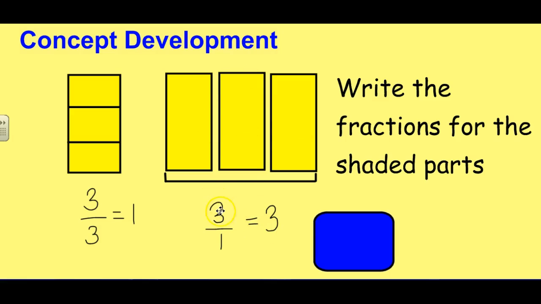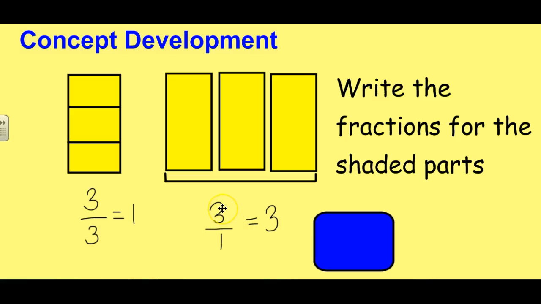Something I want to tell you is anytime you have a number and your denominator is 1, it is always going to be equal to the numerator. For example, if I had 6 as my numerator and 1 as the denominator, then it would be equal to 6. Because like I've told you before, you want to think of this fraction line like a division symbol.